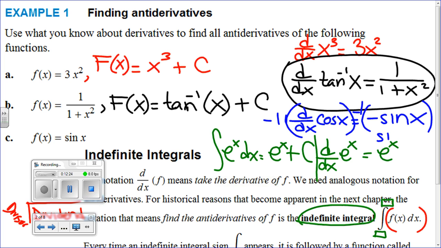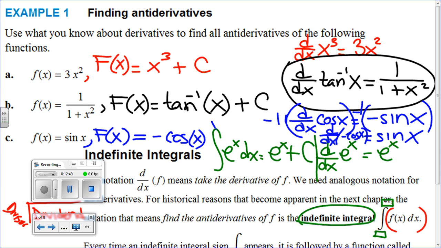So this will be positive sine x, and then we will have the derivative of negative cosine x. So then the antiderivative of positive sine x is going to be negative cosine x plus C.